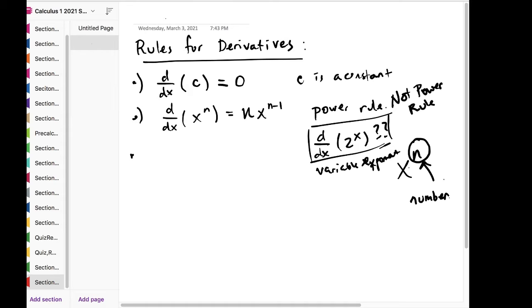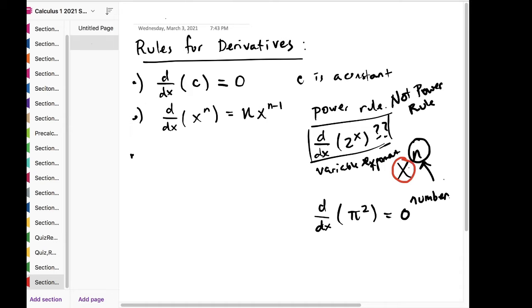Actually, speaking of which also, what is this derivative? Good, yeah, it's 0, right? It's not 2 pi, right?